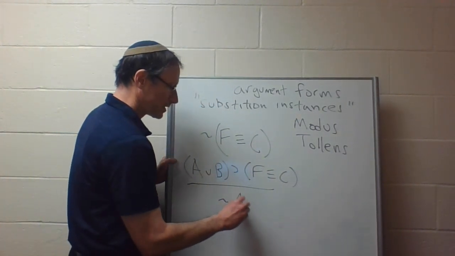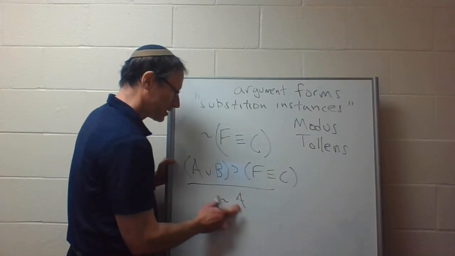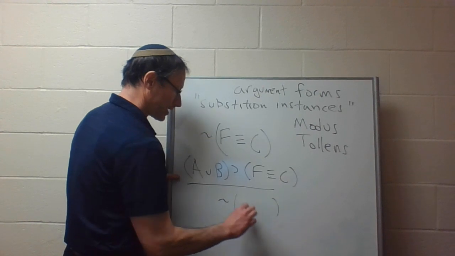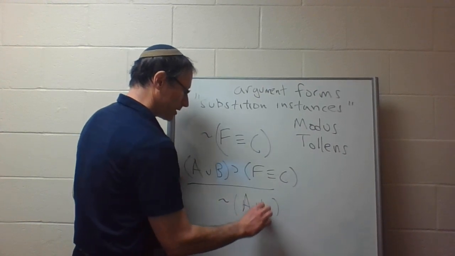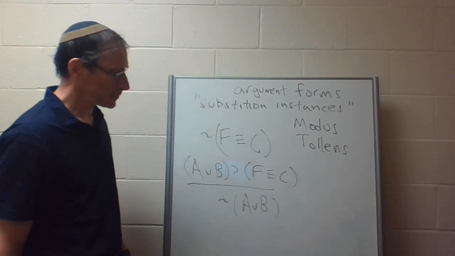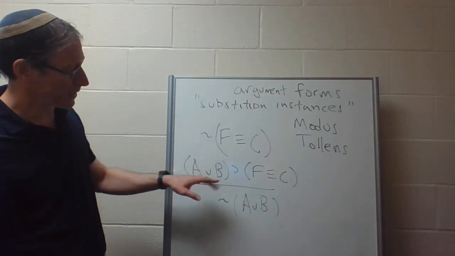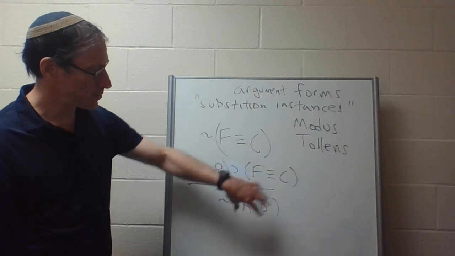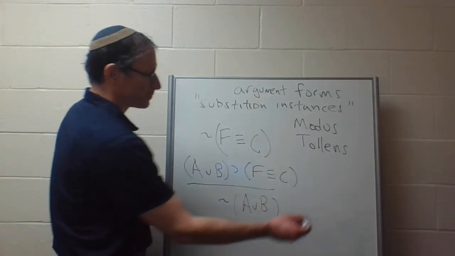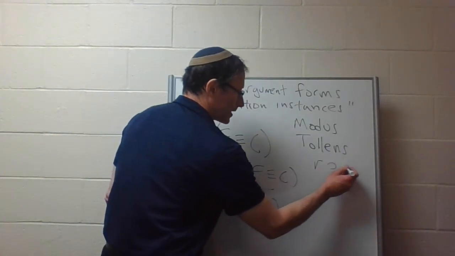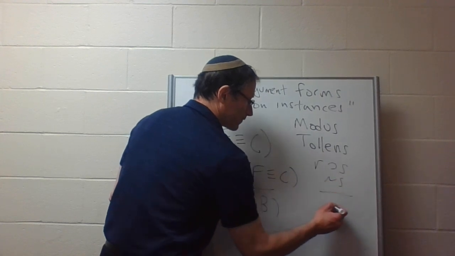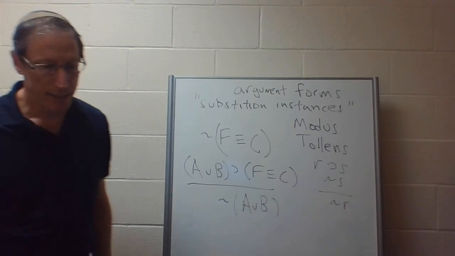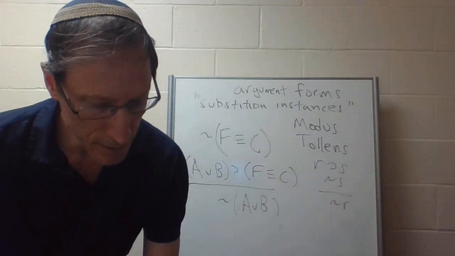Not A? Would that be good? No, that's not good. I need to have the negation of the whole antecedent, not A wedge B. This is an example of modus tollens. Again, a horseshoe, the negation of the consequent, that fits the pattern of R horseshoe S, not S, therefore not R. So that is modus tollens.